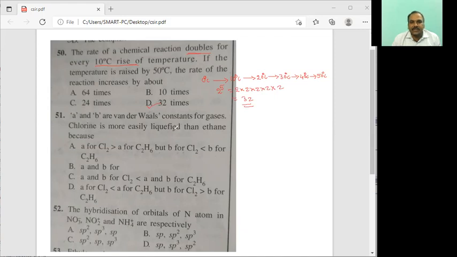A and B are van der Waals constants for the gases. Chlorine is more easily liquefied than ethane because: first option, A for chlorine is greater than A for ethane, but B for chlorine is less than B for ethane. Second option, A and B for. Third one, A and B for chlorine less than, and A and B for ethane.